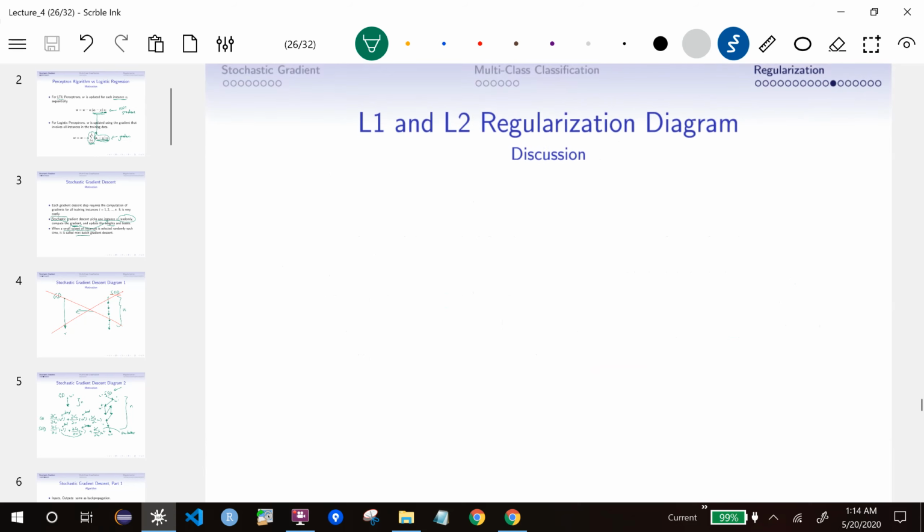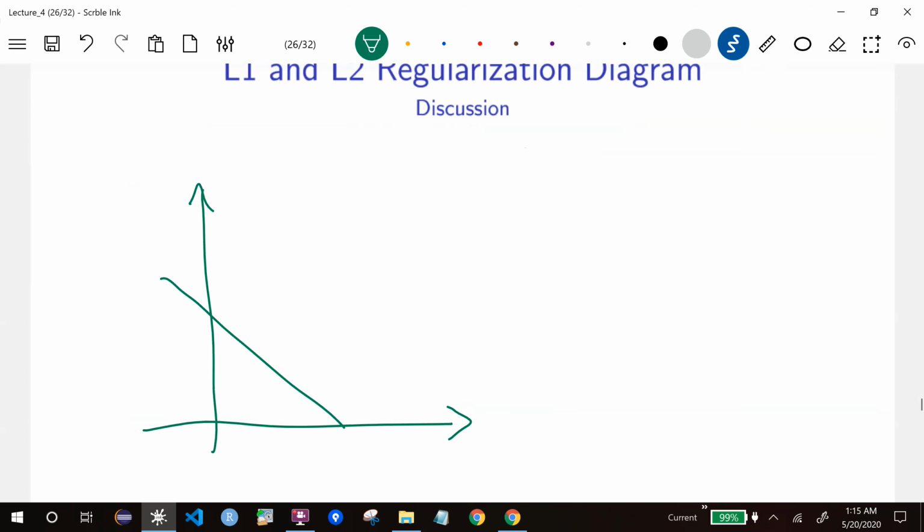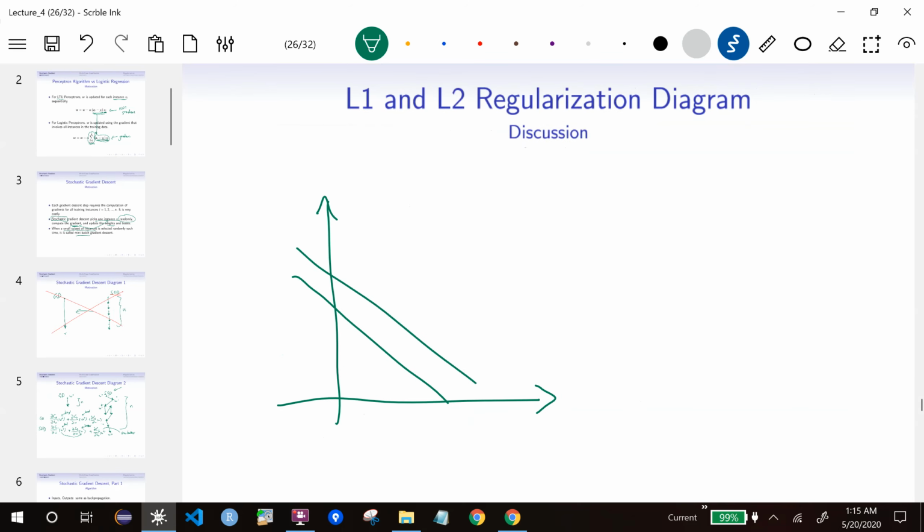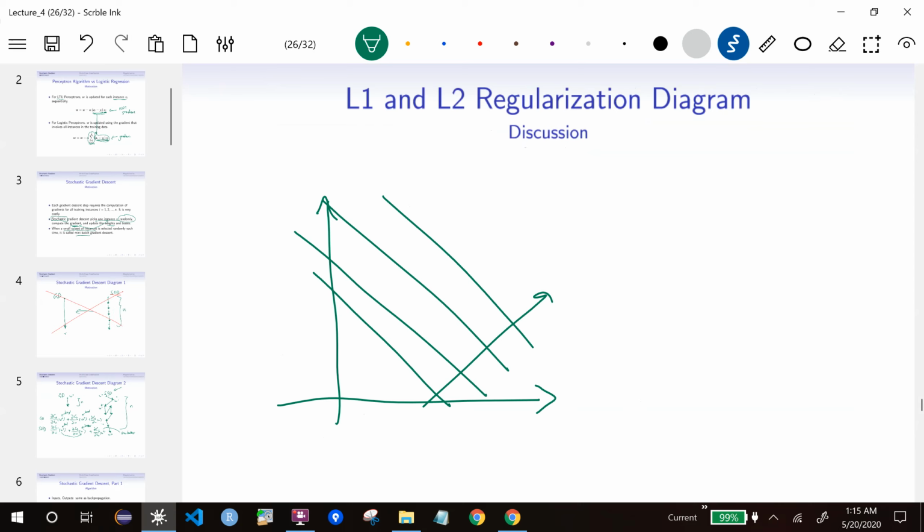So one way to compare L1, L2 regularization is using L1 and L2 norm. Let me draw a diagram and briefly talk about it. Suppose the cost function goes in that direction. So basically we have lower cost here and we have higher cost here.